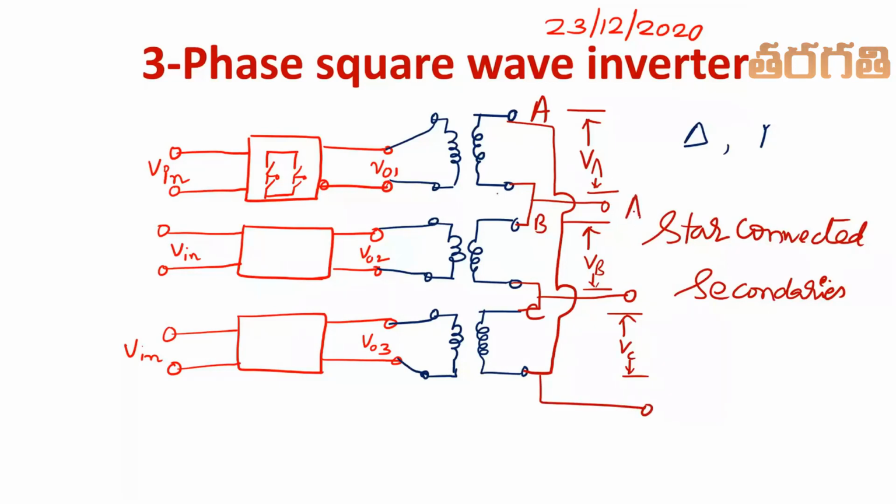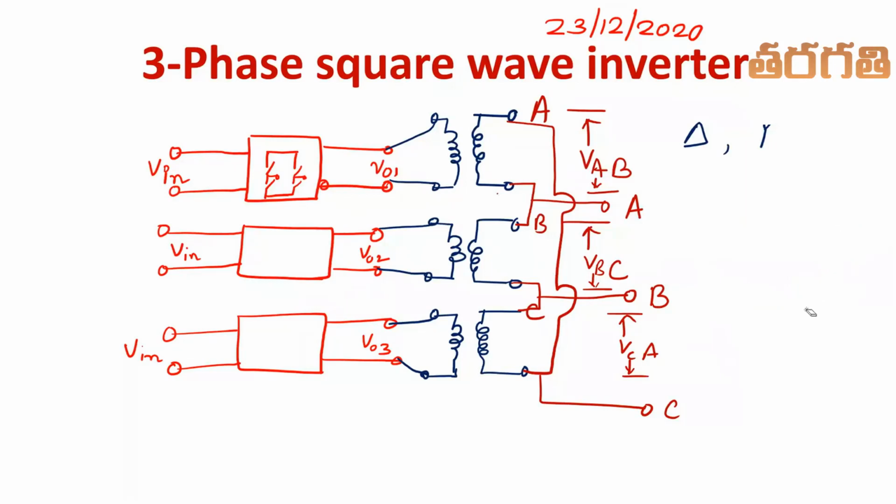So this is what we call A, and this is B and C. So this voltage is VAB, this is VBC, and this is VCA. And this connection is known as a delta connection.